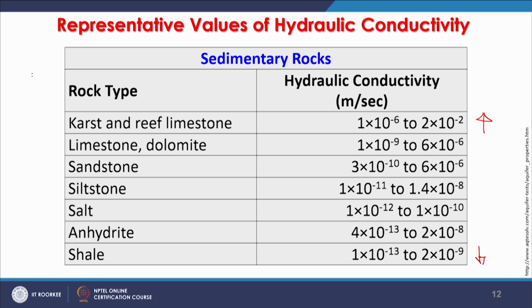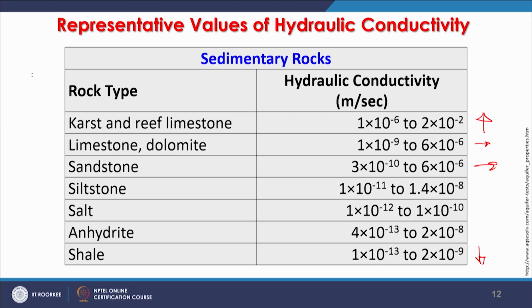Generally, what we get, say sandstone, is in this range, or also siltstone and other things, and limestone and dolomite. Karst and dolomite terrain is also found in our country. There the hydraulic conductivity is good, though exploiting groundwater from karst topography, where solution activity has taken place and lots of caves, sinks and other channels have developed, is really challenging.